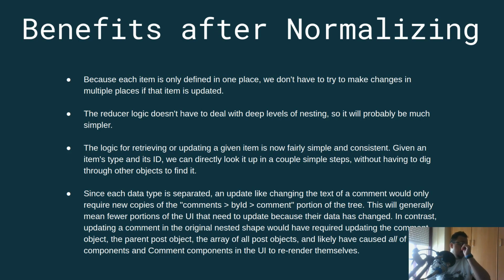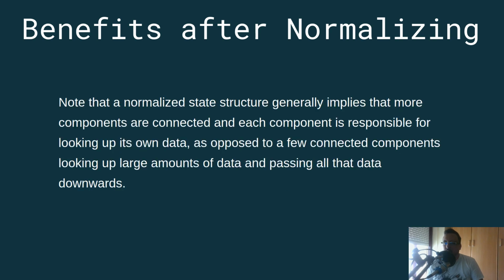I think it's a huge impact on our speed and logic. So we need to know that a normalized state structure generally implies that more components are connected, and each component is responsible for looking up its own data.